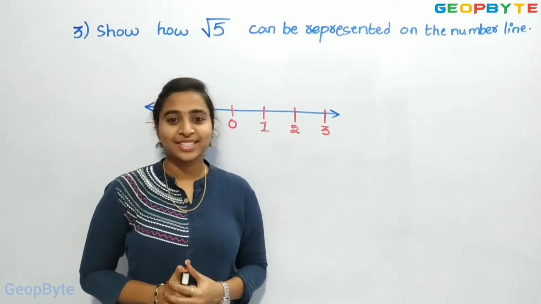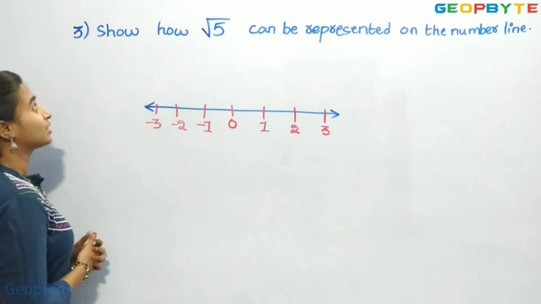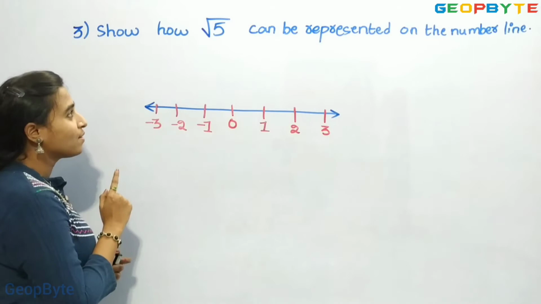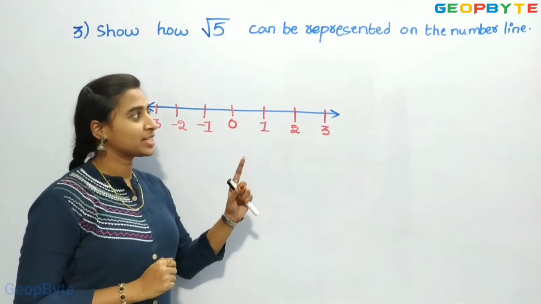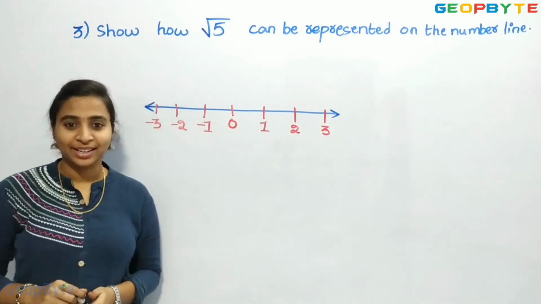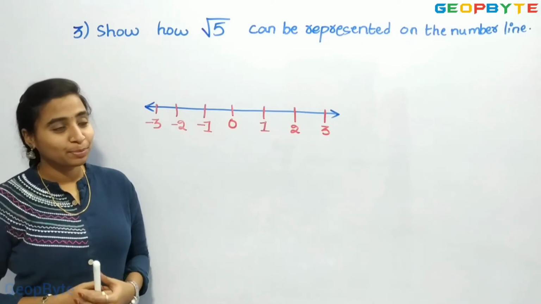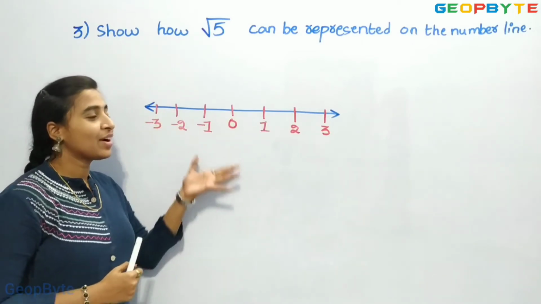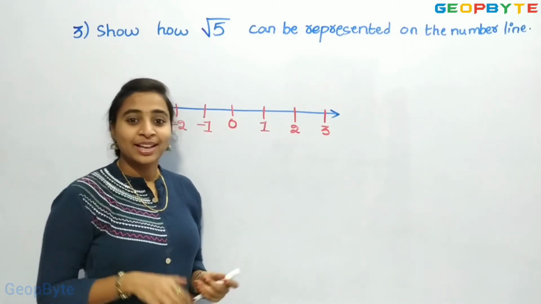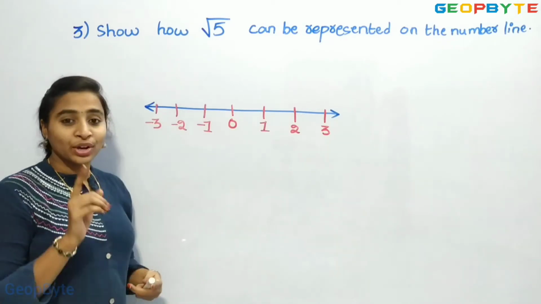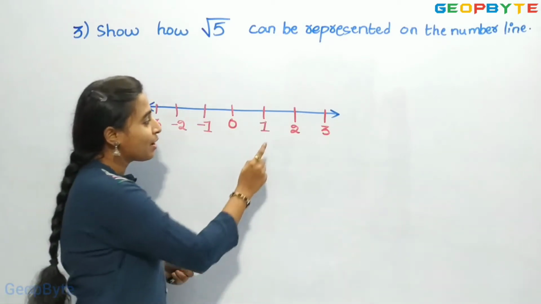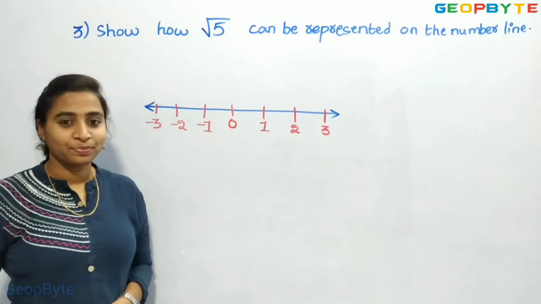Now, let us see third question. Show how root 5 can be represented on the number line. Right? Let us represent root 5 on the number line. See, as you know, root 2 lies between 1 and 2.